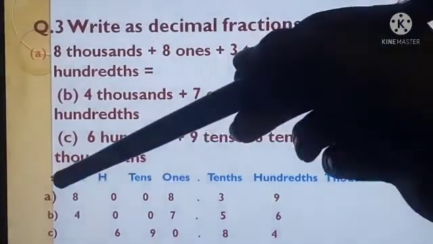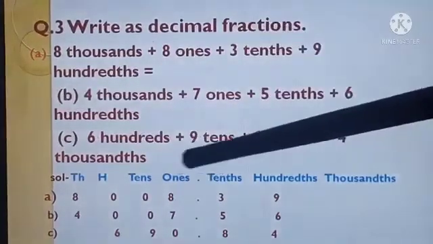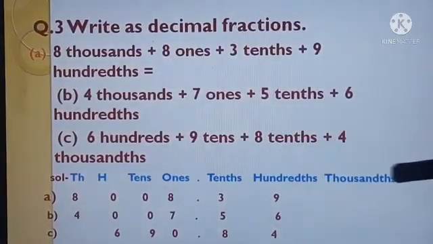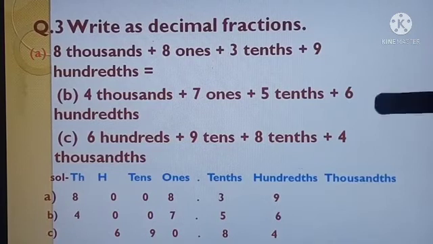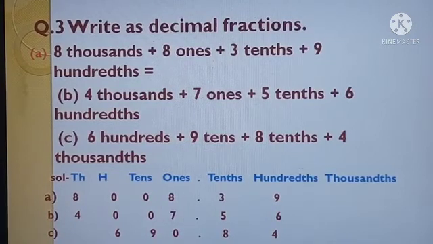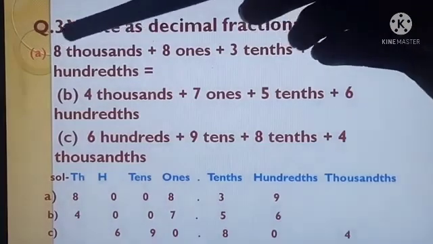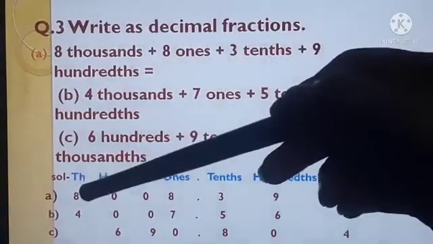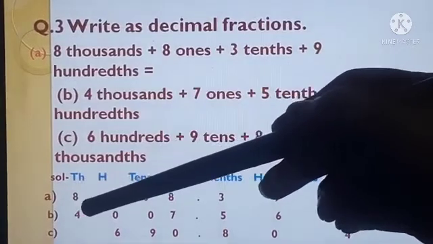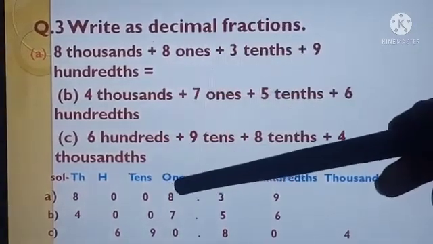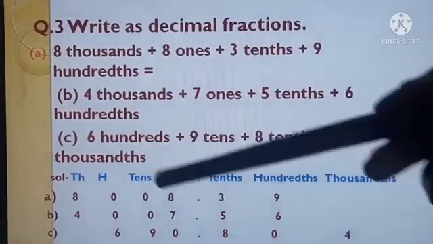Ones, tens, 100, 1000 whole number part, then decimal, 10th, 100th, 1000th decimal part, right? Now A part, 8,000. Below 1,000 you will write down 8.